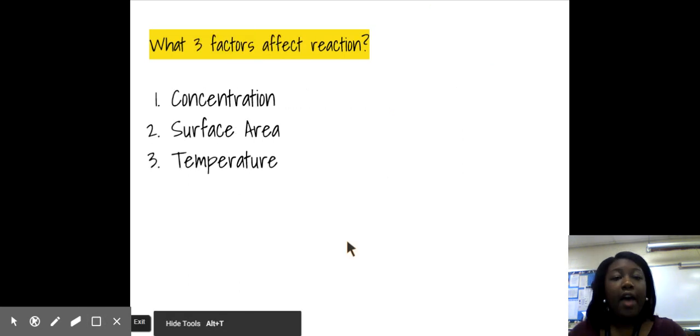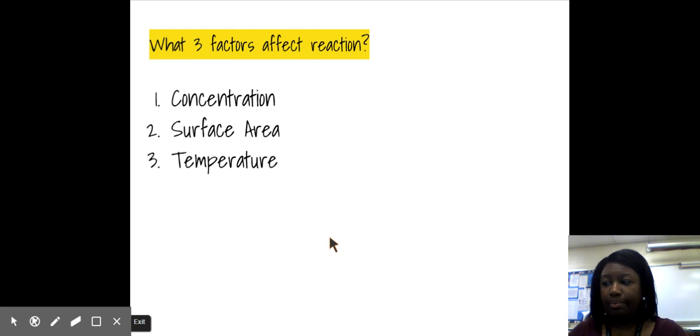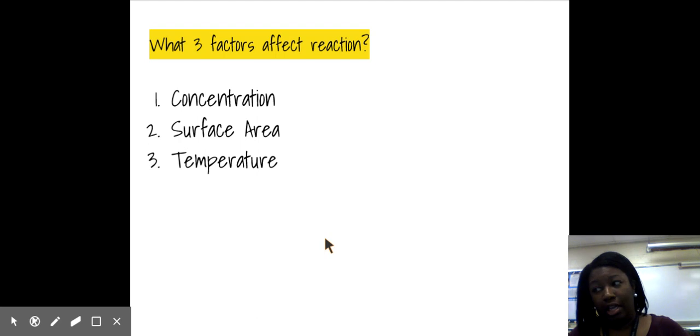So, 3 factors that affect a reaction rate. So how quickly a reaction goes. Baking soda and vinegar. What things affect how quickly the reaction happens? The first is concentration. We know when you mix baking soda and vinegar, concentration is how concentrated that vinegar is and how much baking soda you put in there.